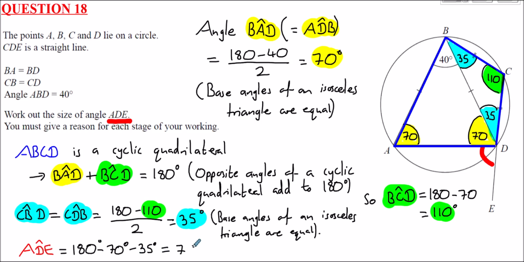And that gives 75 degrees. And that is our final answer. So again, just to make sure you get all the marks you deserve, I would also include what angle fact you've used here. And of course, the angle fact we've used to obtain that this is 75 degrees is that angles on a straight line add up to 180.